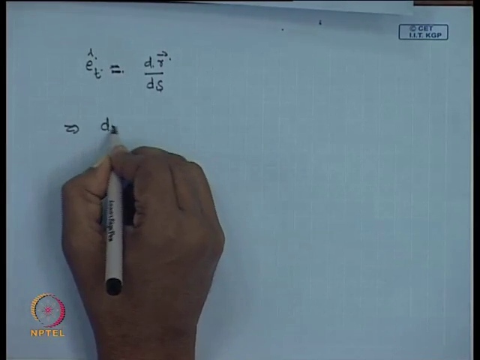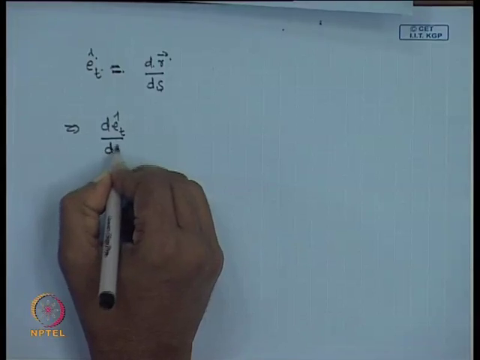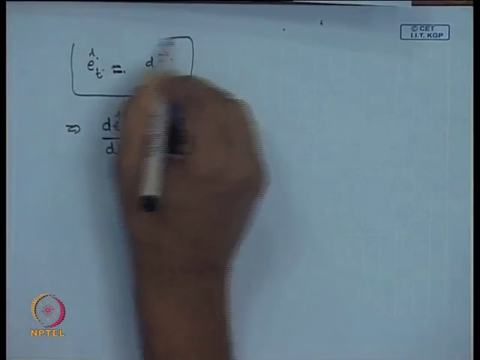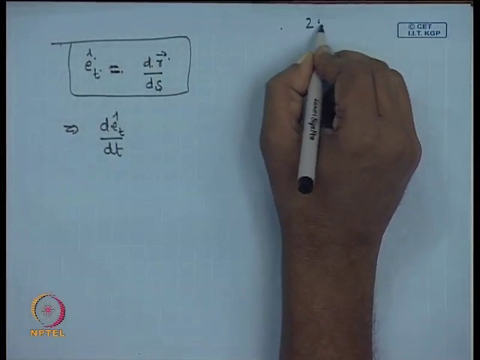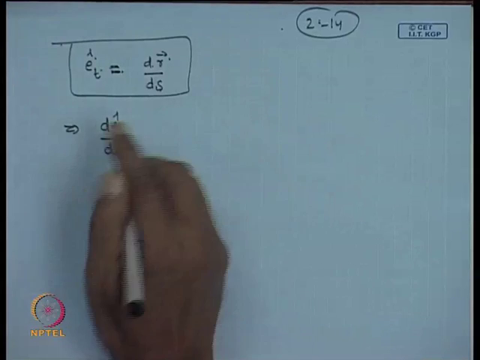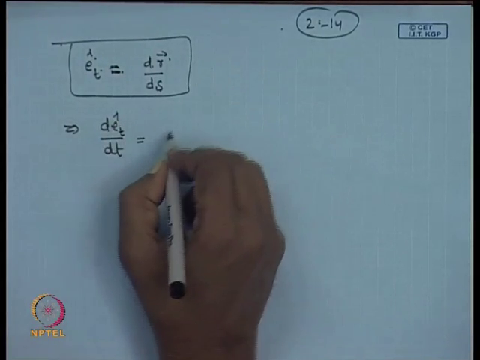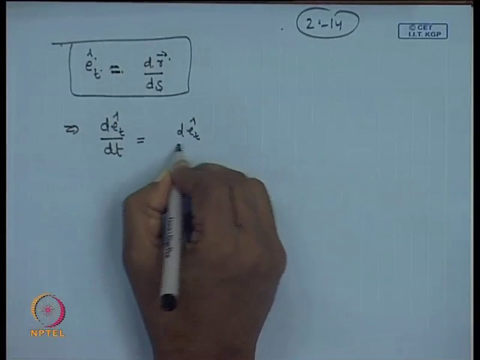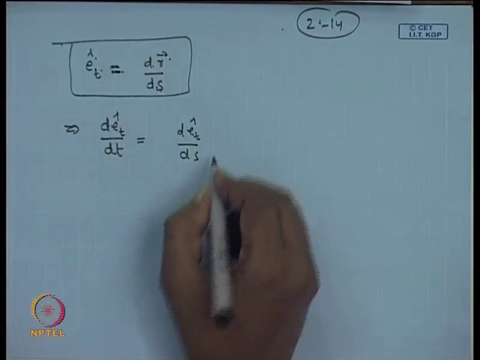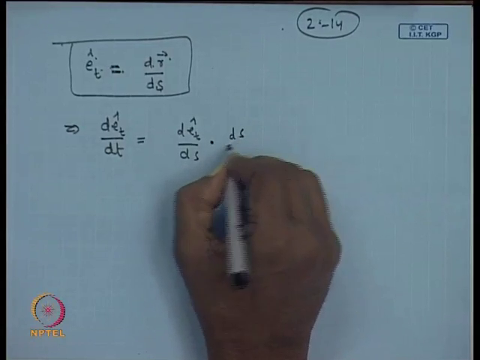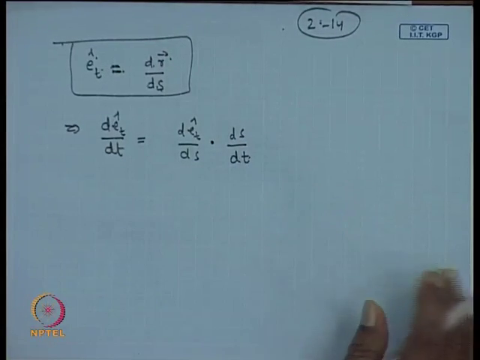So, this implies d Et cap by dt, which we worked out just a few pages back, we can write as d Et cap by ds times ds by dt.